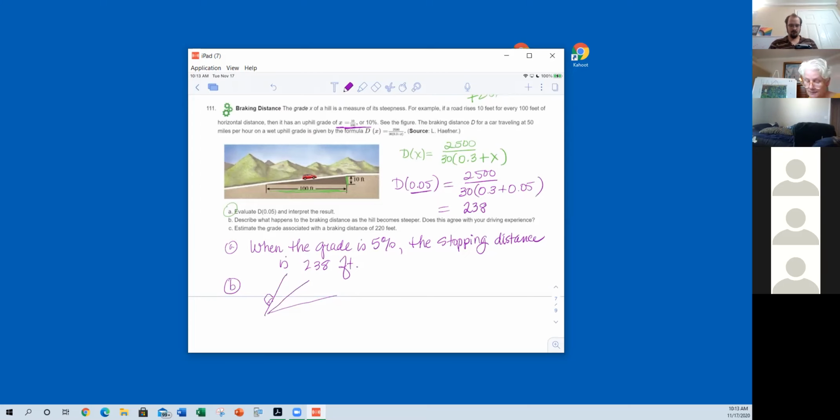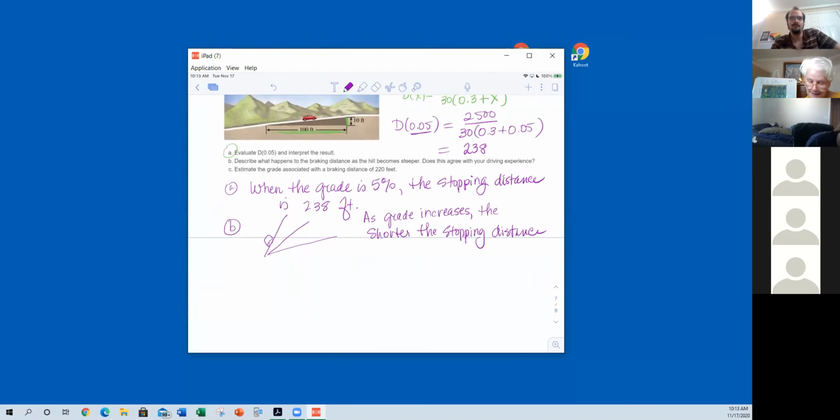So the more steep your grade gets, like if it goes from 5% to 10% to 20%, the shorter your stopping distance will be. Okay.